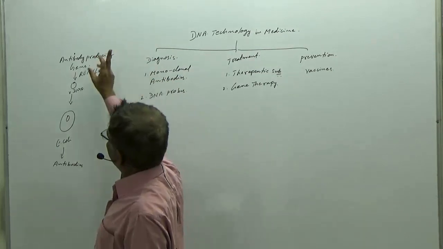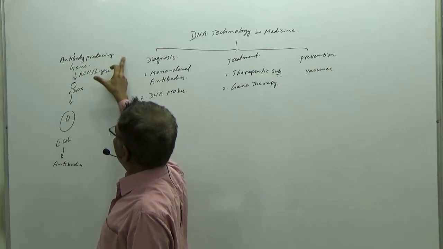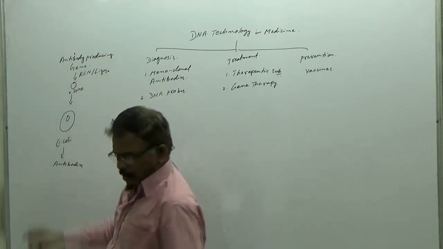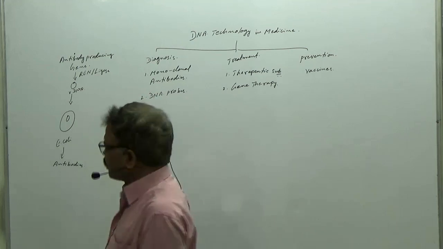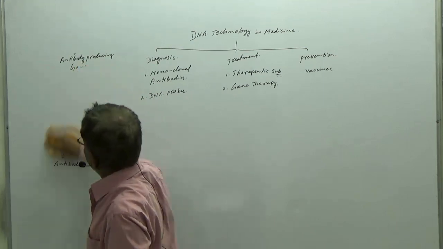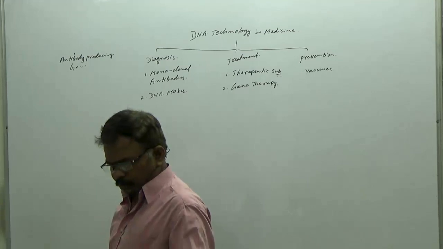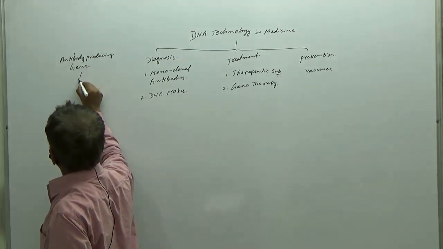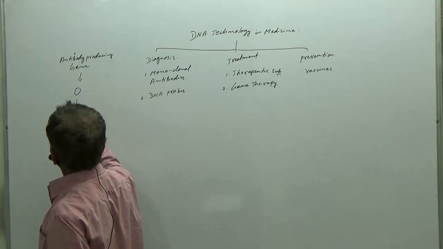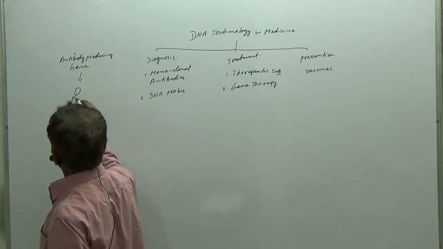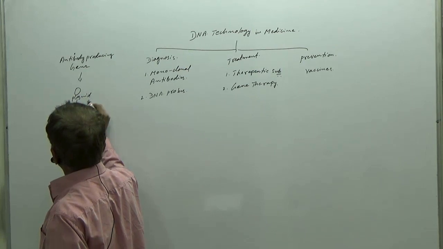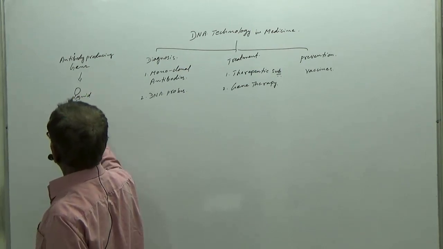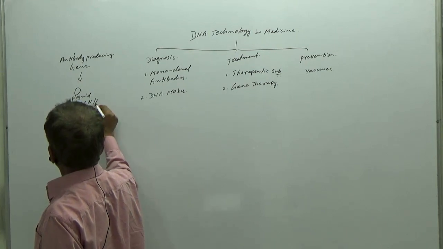In this, first they simply extract the antibody producing gene. Then again they select a proper vector. Then this is a plasmid. They insert the gene into the vector by using restriction endonuclease and ligase.